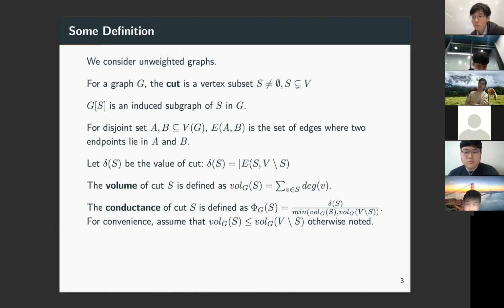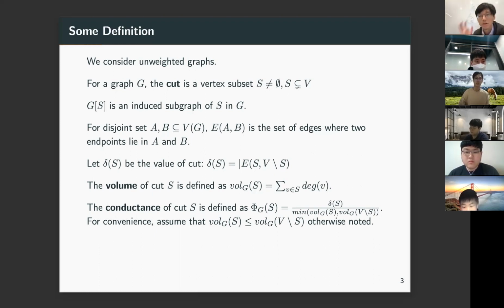So if we want to see how well connected the graph is, then the usual definition of connectivity fails at that point. So what you do is you divide it by the size of the volume, so you balance it. In that case, the cut, although it has a small value.